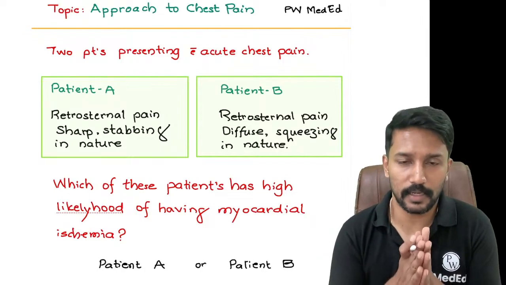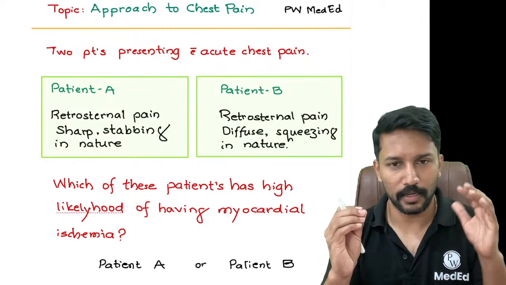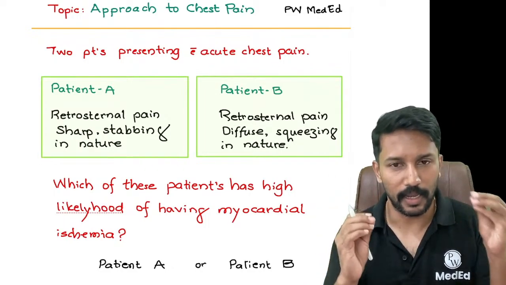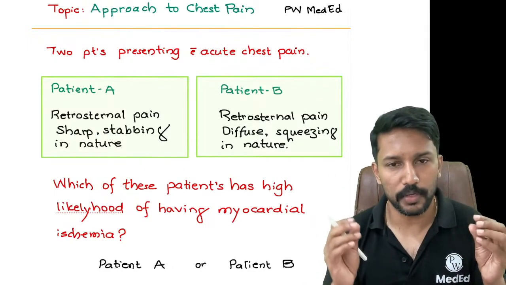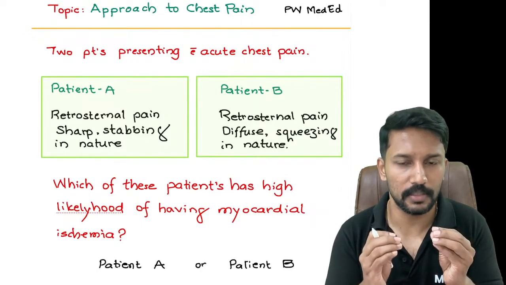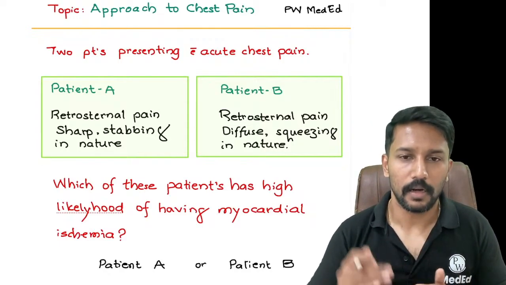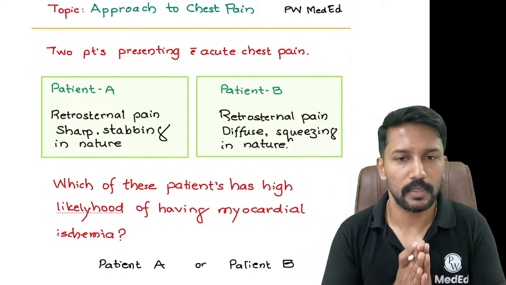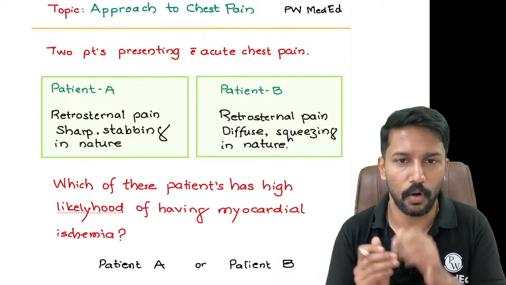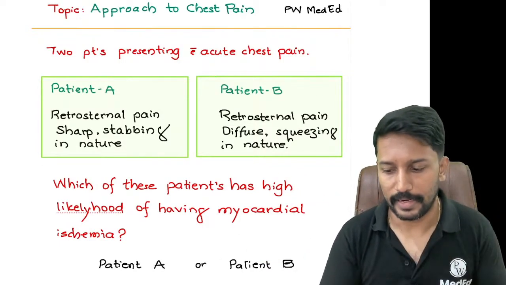So I hope we have clarity now on how to differentiate between cardiac origin chest pain and non-cardiac origin chest pain, between angina and acute pericarditis, and between stable and unstable angina. And every time you have a patient who can be categorized as unstable angina on clinical grounds, how do we apply the HEART pathway to take the final decision whether it should be counted as STEMI, NSTEMI, unstable angina, or a non-cardiac chest pain and discharge.